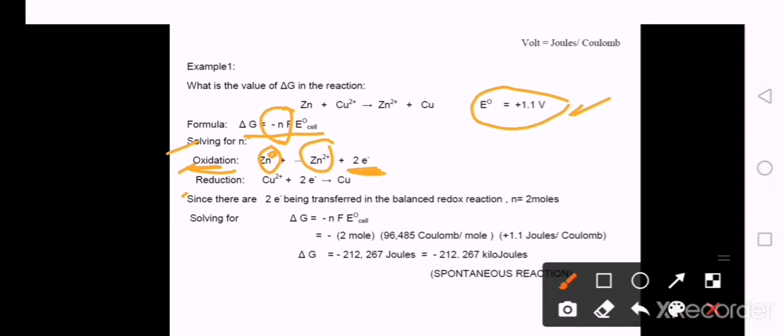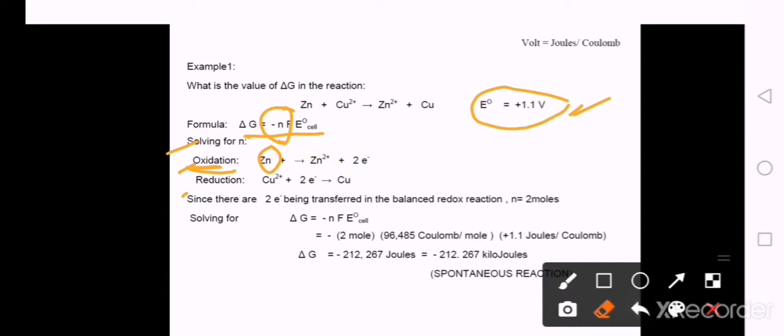So, para mag-balance yung 0 at positive 2 na yan, kailangan nating mag-add ng electrons bearing negative charge dun sa tabi ng product. Para kapag isosolve natin yung total charges dito sa product side, positive 2 plus dalawang negative electrons, so that would be 0. Okay?